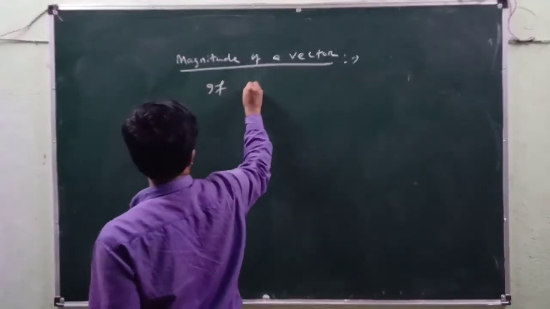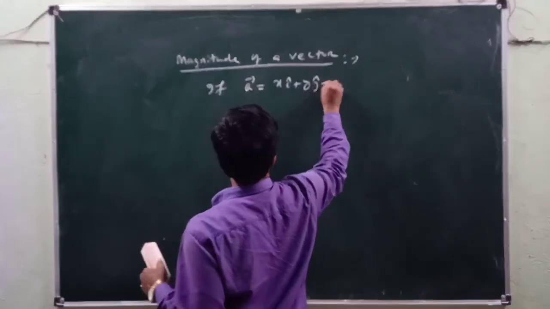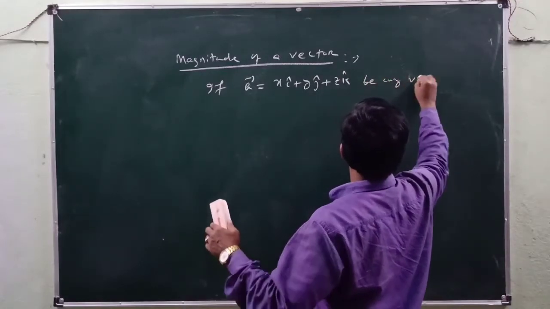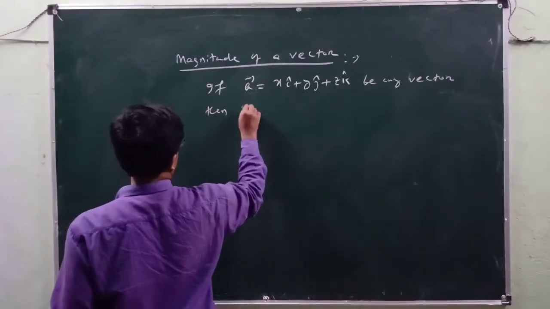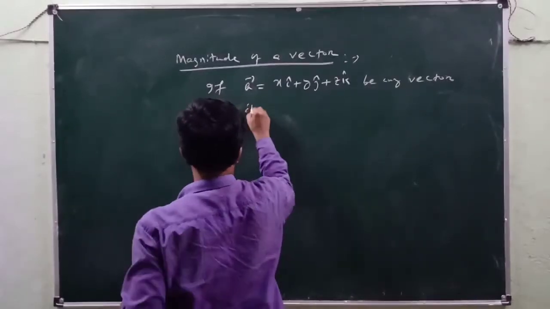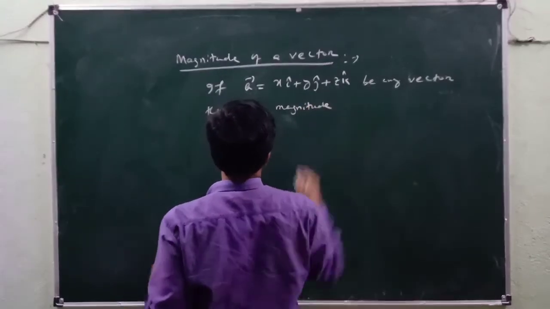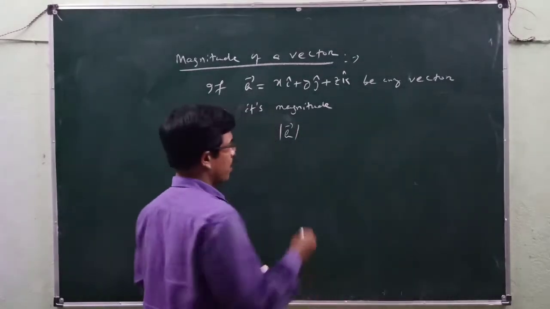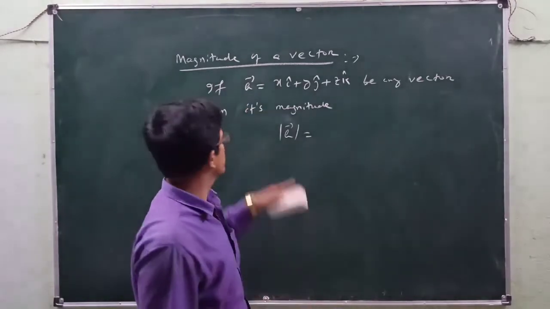If A equal to x I cap plus y j cap plus z k cap be any vector, then its magnitude is denoted by modulus of A and defined as, here you look, what are the scalar components of a vector?